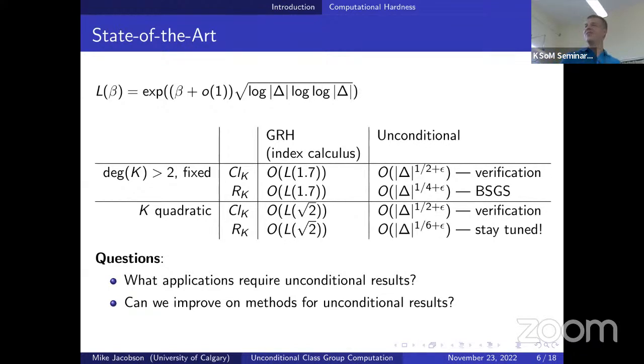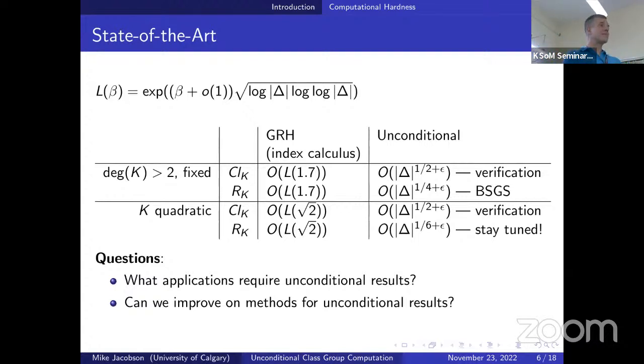So just in case the referees are here, I'm going to tell you why I care. And then also two little results that we've had to improve the state of the art. So I'll say a little bit about how we get 1/6, and in fact, in this paper that got rejected, we were able to improve the general case to delta 1/6 as well.